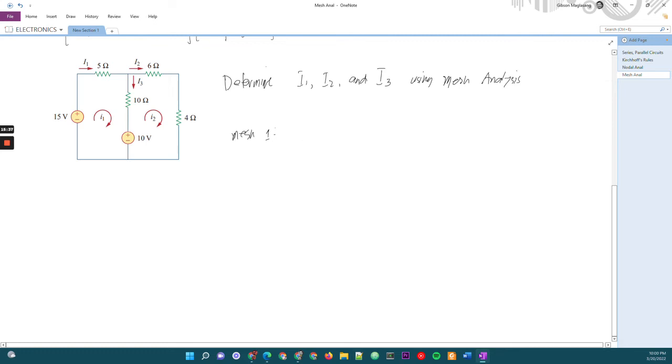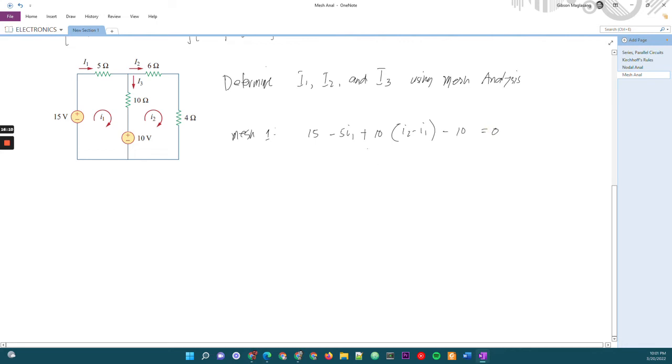So for mesh 1, the equation would be: we have 15, right? Then minus I1 times 5 ohms, and then plus 10 times I2 minus I1, minus 10 volts equals 0.